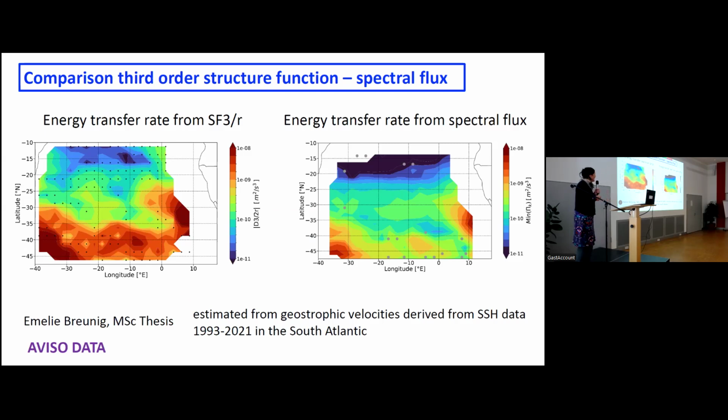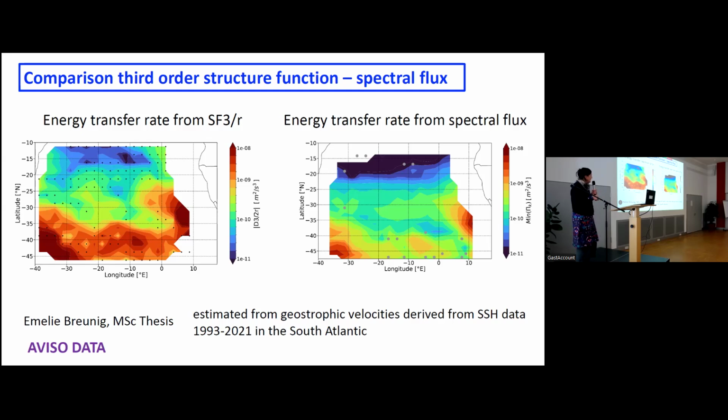Sorry. Okay, so I just want to show two more plots. One is an estimate. We were taking South Atlantic SSH data, and just as a proof of concept, you can calculate the structure functions from these geostrophic velocities in many different bins. And you can compare what comes out from the simple scaling with over R to the energy transfer rate from the spectral flux.